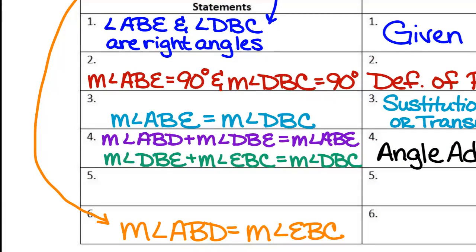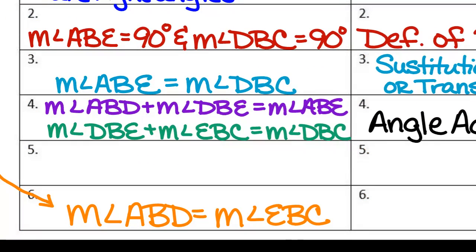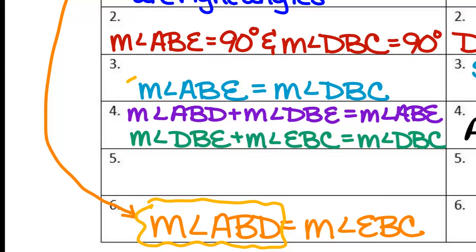All right, so let's look now. What can we say? I want to get to where I have the measurement of angle ABD over here on the left. When I look at statement number 3, I have ABE on the left. That's close, but that's not exactly what I want. Can I replace angle ABE with something? Do I know something that's the same size as ABE that would have ABD in it? Because I want ABD over here on the left.